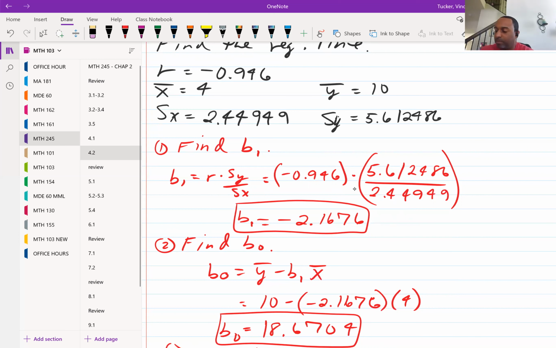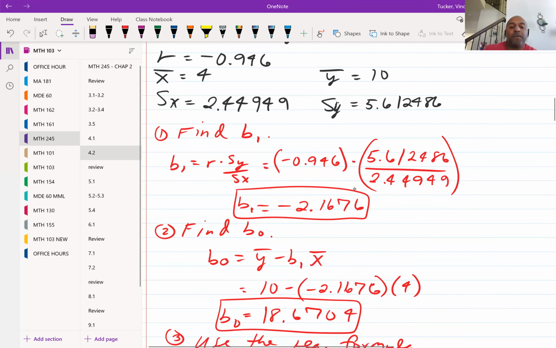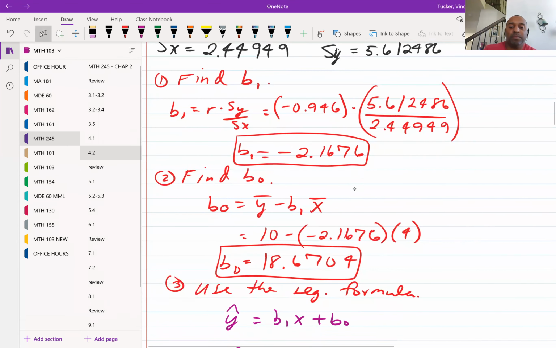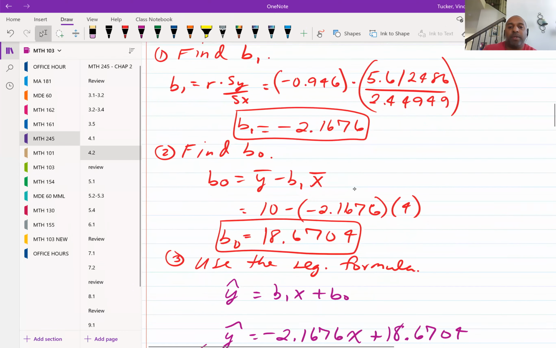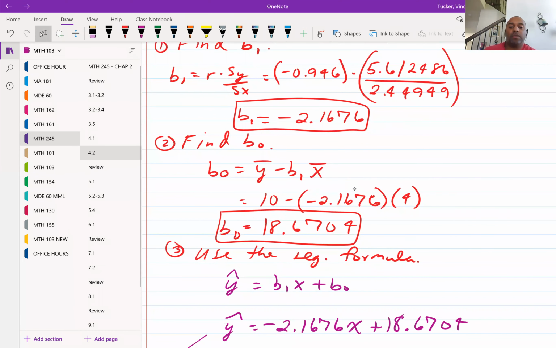Everybody okay? Scrolling up. And now we put those values in for the regression formula, B1 times X plus B0.